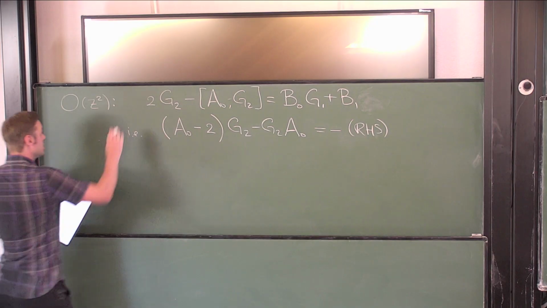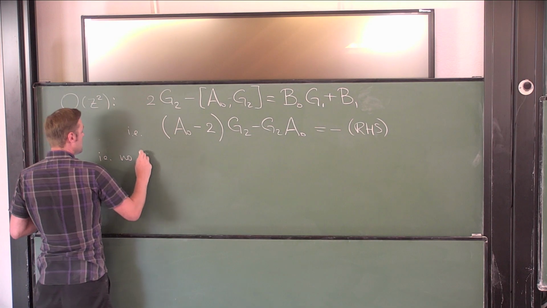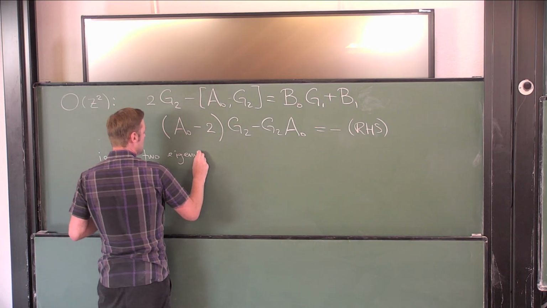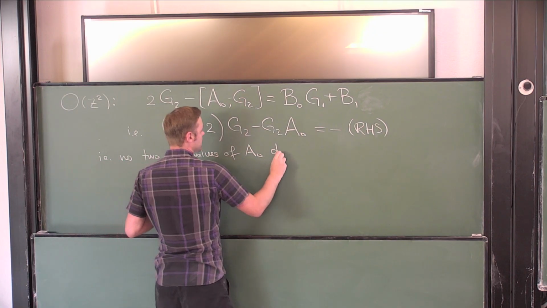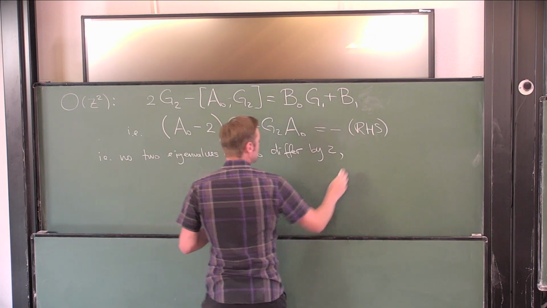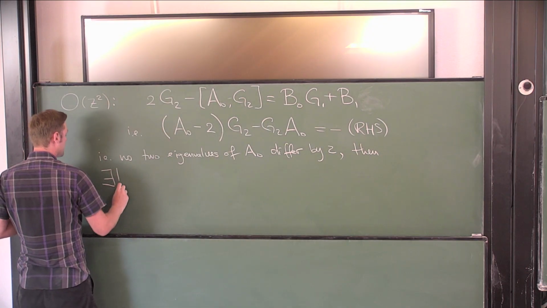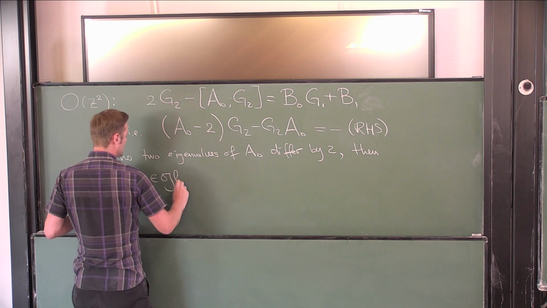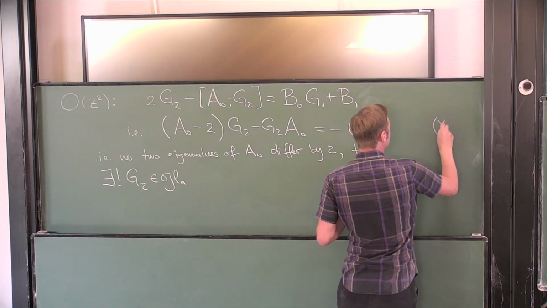Again we can use this fact: if no two eigenvalues of A0 differ by 2, then we are guaranteed by that linear algebra fact that there exists a unique matrix G2 which satisfies this equation, which is now the triple star.